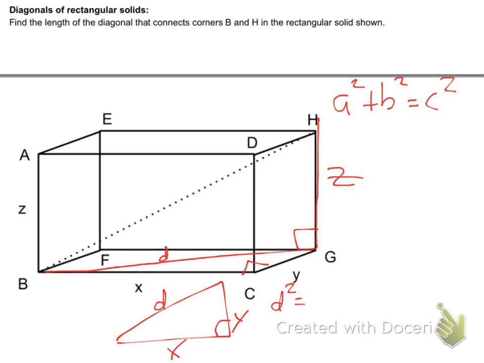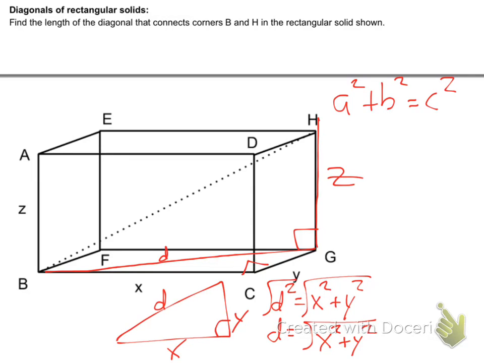D squared equals X squared plus Y squared. Wait a minute, I don't want D squared, I want D. So square root it. So D equals the square root of X squared plus Y squared.